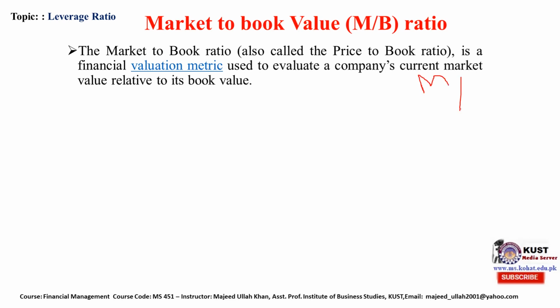The market to book ratio indicates whether the company is undervalued or overvalued. As I told you earlier, if the market value is higher than book value, the ratio will be greater than 1. In this case, it indicates that the market overvalued the shares of the company.